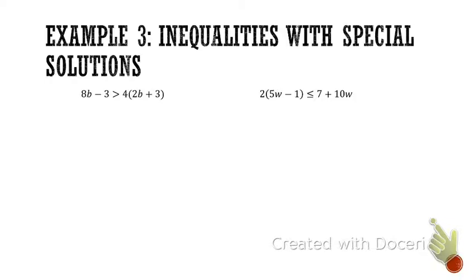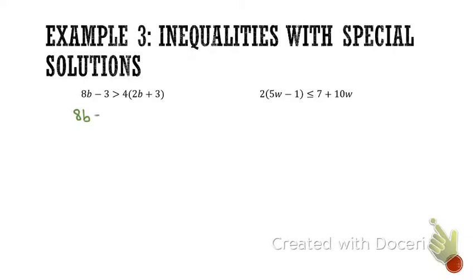And if you remember back to chapter 1, I had these special solutions where it might be no solution, my answer, or it might be infinite solutions, meaning that there's infinite answers. And that same thing is going to happen with inequalities. And it's usually going to be hidden in the distributive property. So I can't just look at this inequality and say, oh, that's no solution, or that's infinite solutions. I need to first do the distributive property.